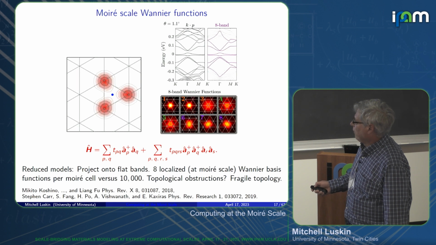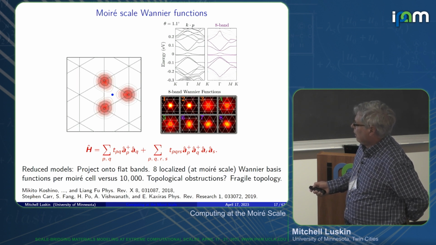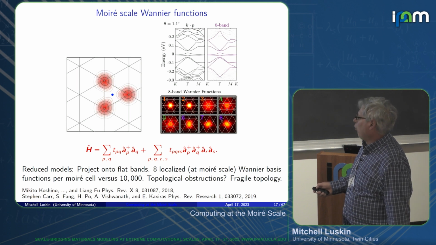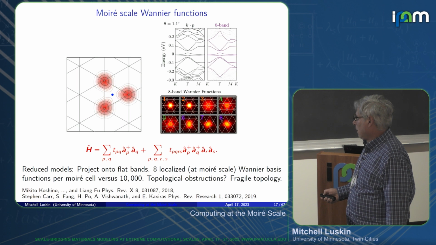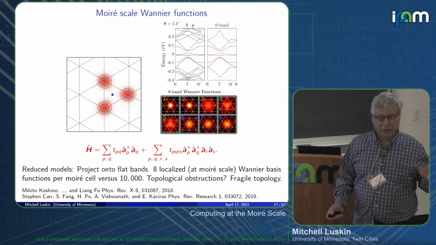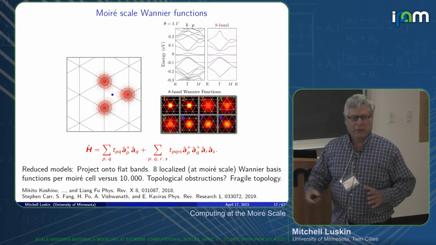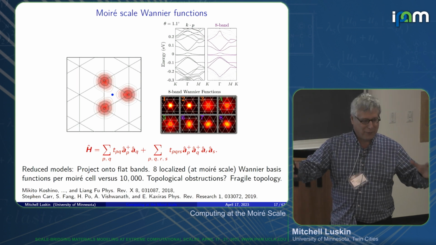Meaning, here you have the Wannier function centered at this point here, and then you've got these clover leaf shapes. That has to do with the fact that to really have localized Wannier basis functions, there's some kind of topology constraint you have to satisfy.